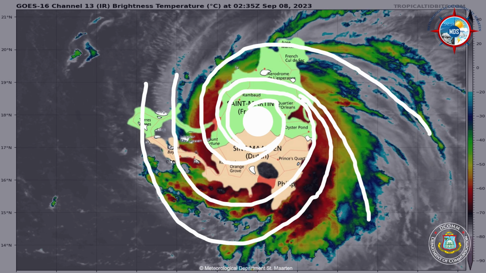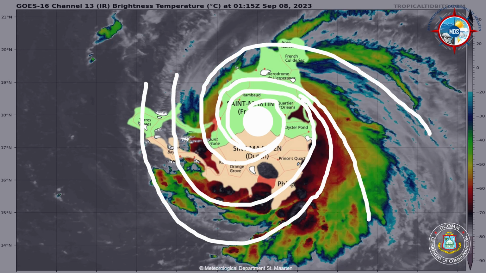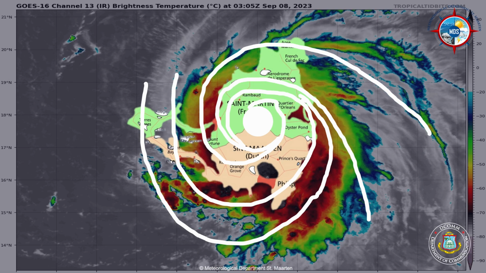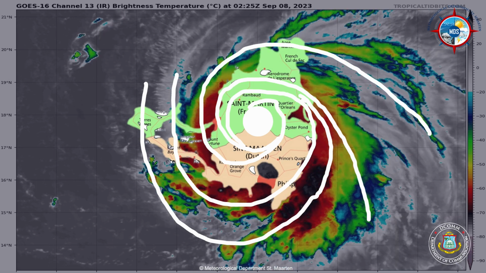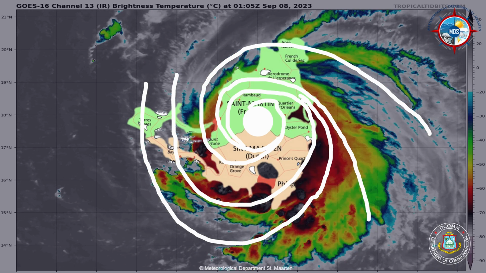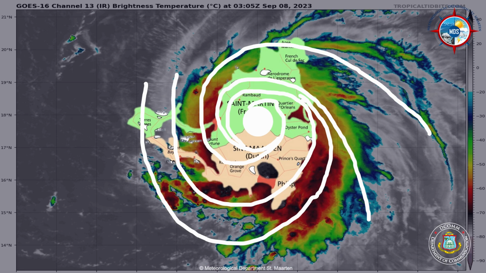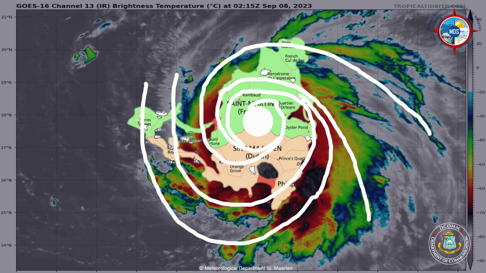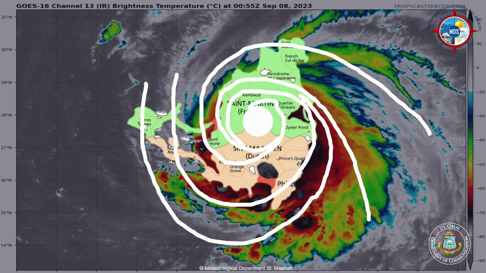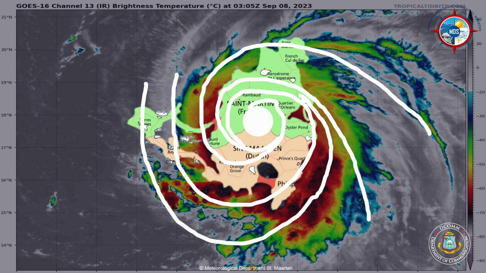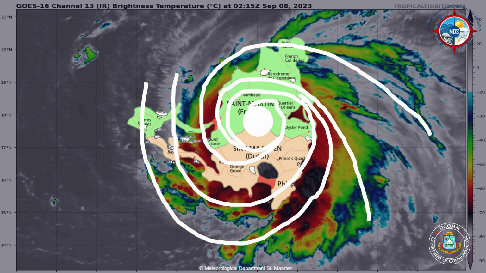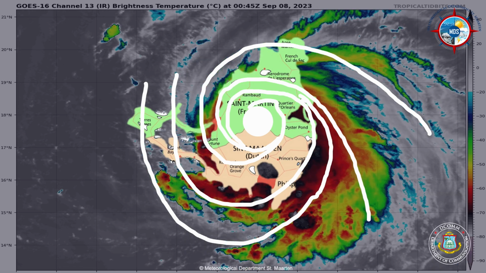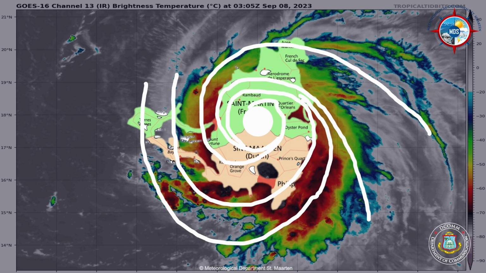So these people in Rambo and New Orleans, French Quarter, they would be receiving stronger winds than people down here. The lines that I drew are the direction of the winds. You know when during a hurricane, you hear one side of the house pounding.